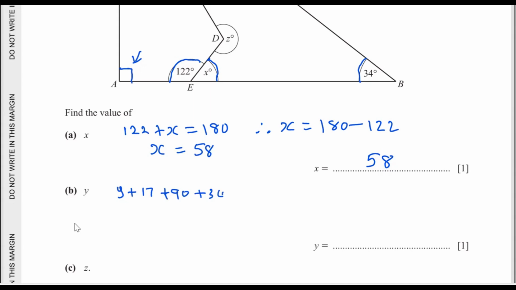Solving this, we are going to add up all the numbers. So here we have y plus 141, which equals 180. If we make y the subject, you have 180 minus 141, and that is going to give us 39. So the value of y is 39 degrees.